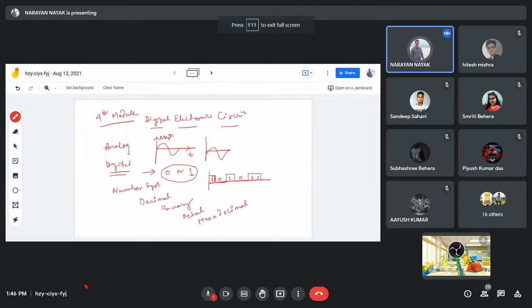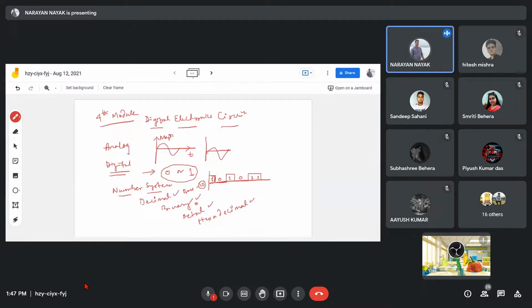The number system is represented as either decimal, binary, octal, or hexadecimal. Now, what is the decimal system? The base of the decimal is 10. If the base is 10, then we can say that it is a decimal.